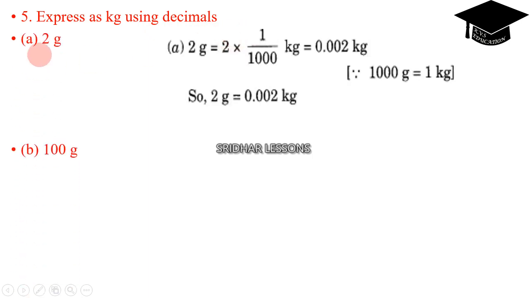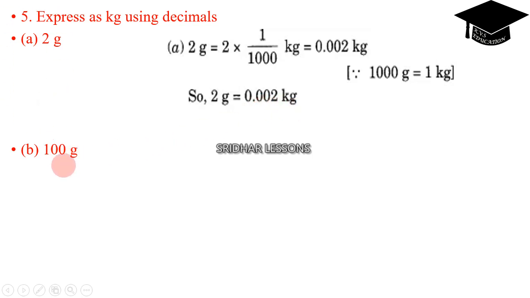Question number 5. Express as kilograms using decimals. 2 grams. 2 into 1 by 1000. Why? Because 1000 grams is equal to 1 kilogram. So 2 grams is equal to 0.002 kilograms.